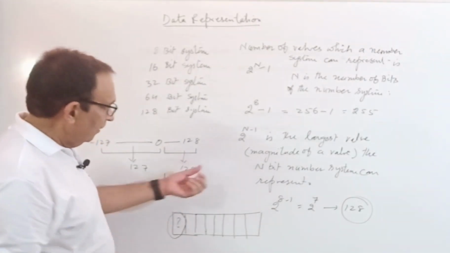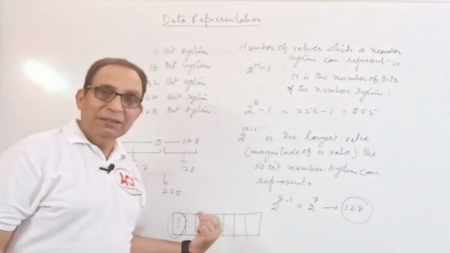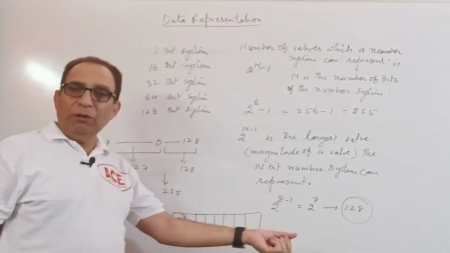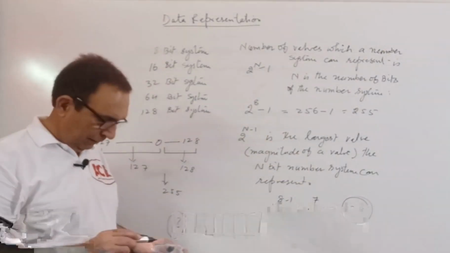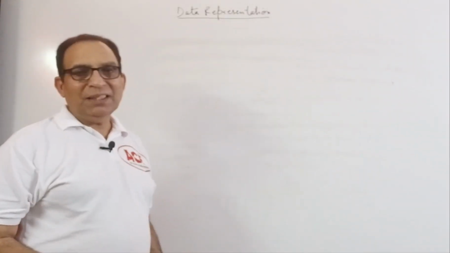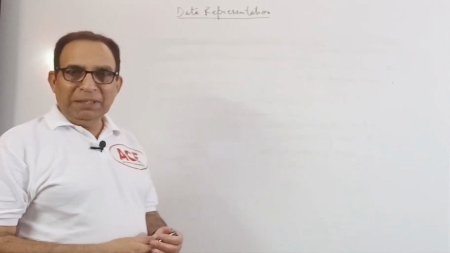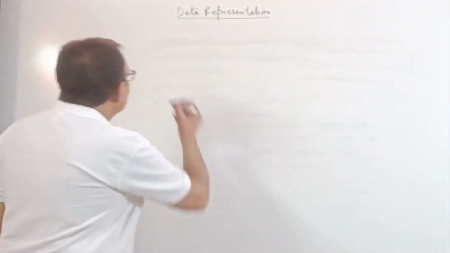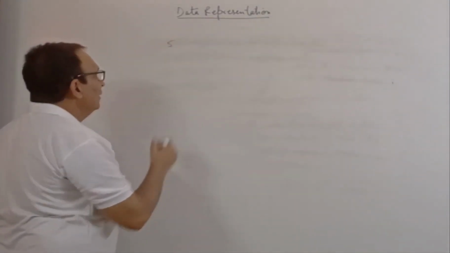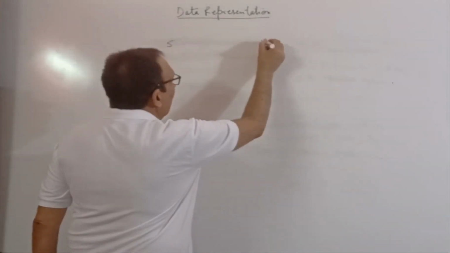Now, just now I told you negative and positive numbers. We did discuss the positive numbers. What about the negative ones? Let us talk about it. Let us see how negative numbers can be represented in a number system. We'll take the case of the binary number system. Let us say 5. 5 has the representation in binary 101.